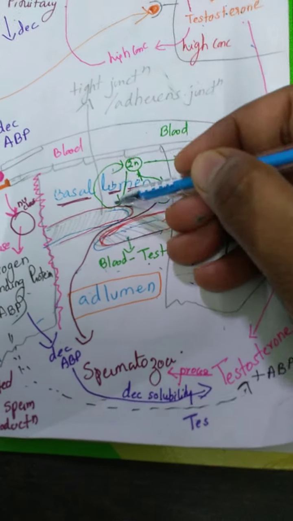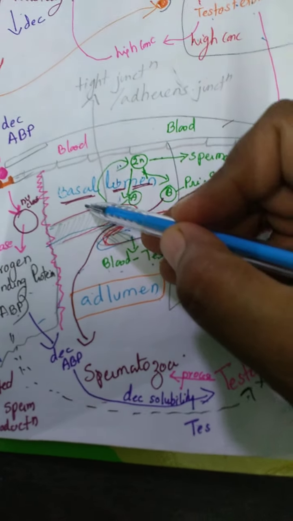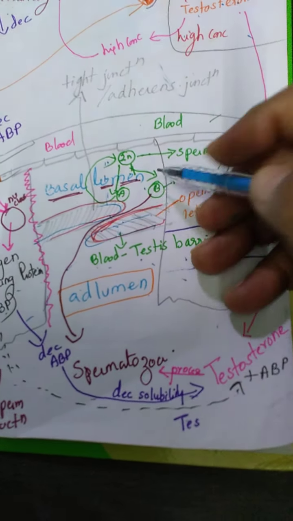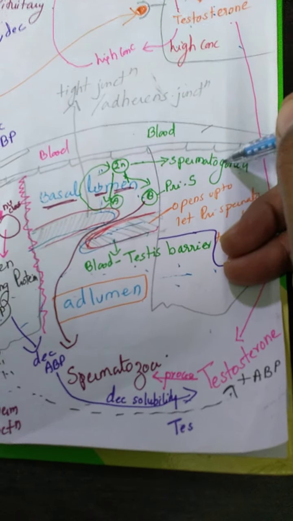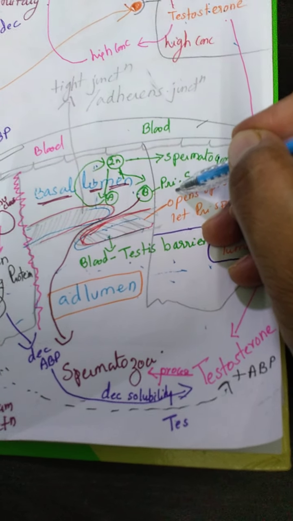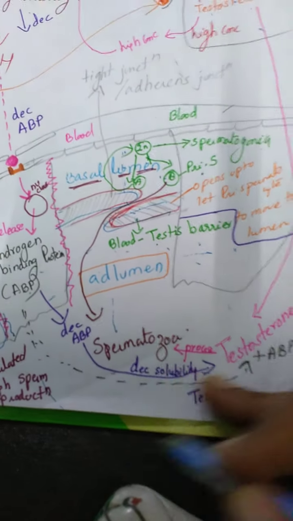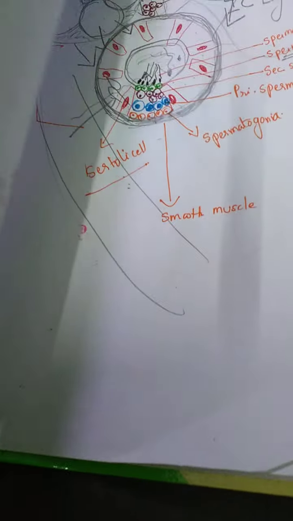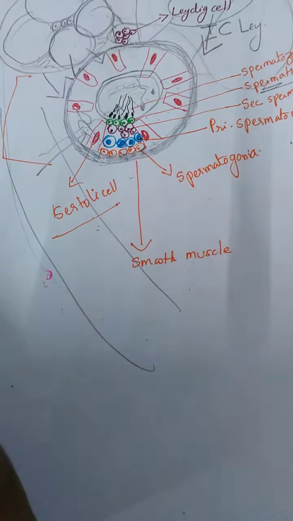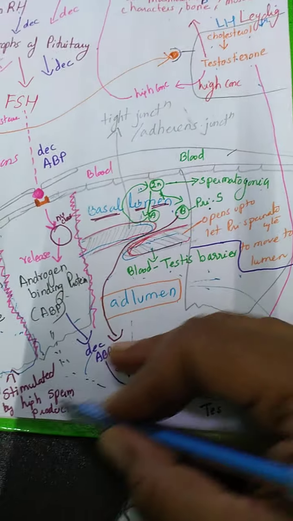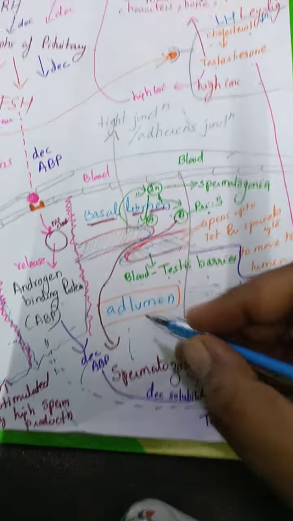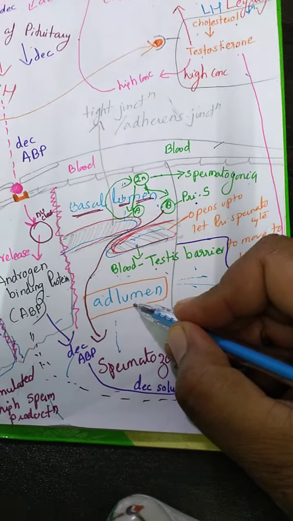This side of the barrier is called the basal lumen, in which spermatogonia will divide to form primary spermatocytes. And here is that big lumen which we had seen, this big one. That big lumen is this side, which is called the ad lumen.